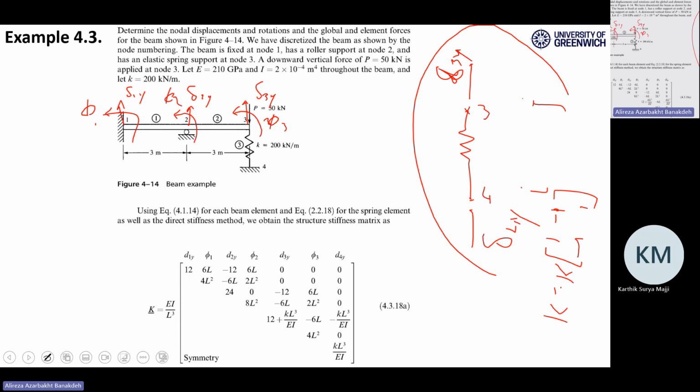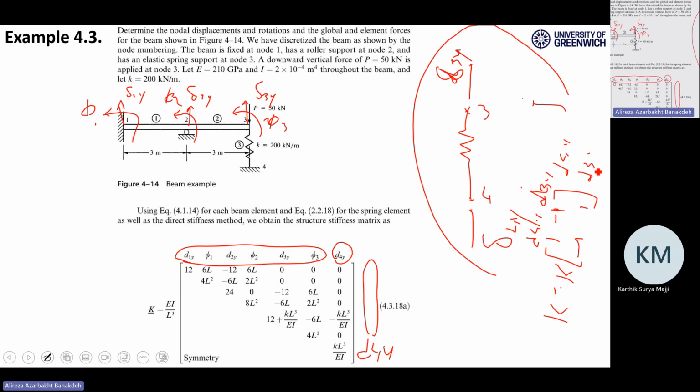If you didn't have the spring, you surely were going with these 6, but now you have d4y. Your stiffness matrix for the spring, which is this 2 by 2, stands for d4y, d3y, d4y, d3y. So it should go to these places.